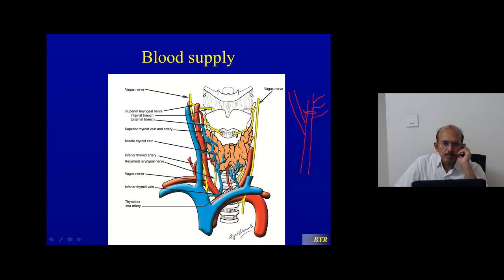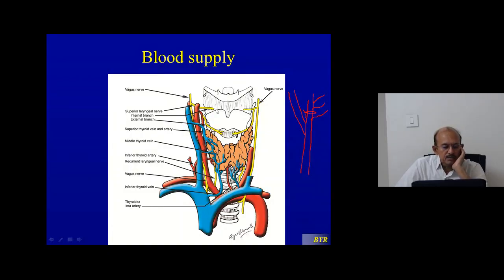The internal branch pierces the thyrohyoid membrane and it supplies what? I think all of you have to appear for ENT or you have passed out of ENT. Yes, very good. Sensory to the upper glottis, sensory supply above the larynx, wonderful.